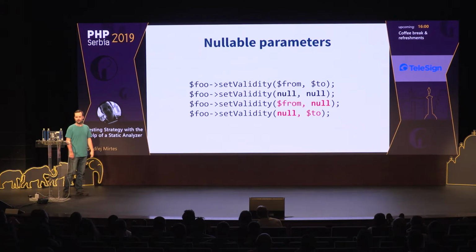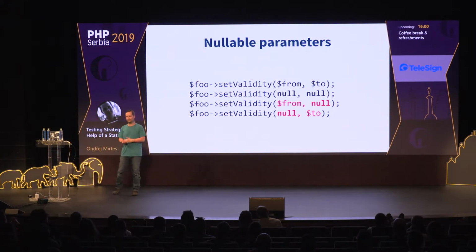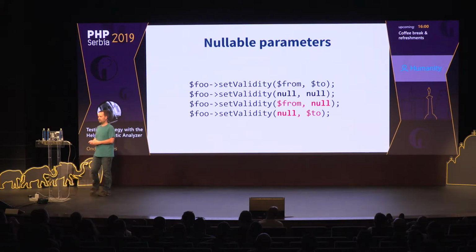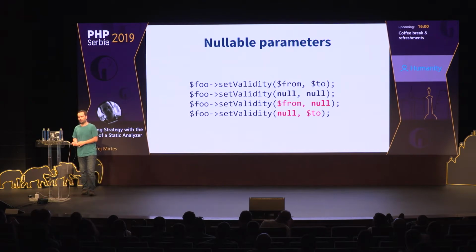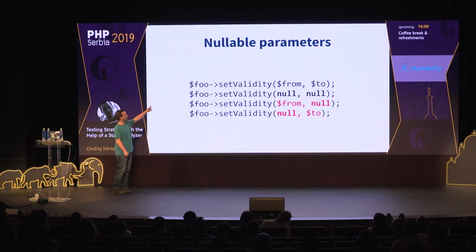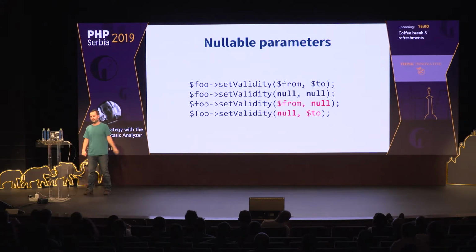But usually, when I see multiple nullable parameters at once in a method, it means that only some nullable combinations are valid, and some are not. So actually only the first two lines are the intended usage of the method. The third and fourth line aren't.